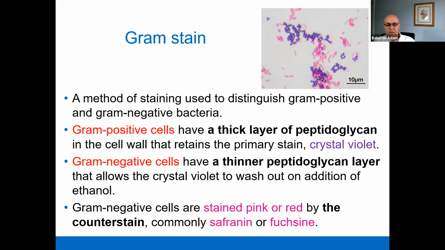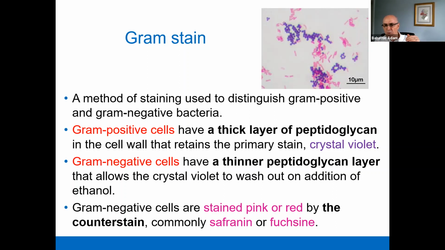This is about the structure of the cell wall of the bacteria. We know that gram-positive cells have a thick layer of peptidoglycan in the cell wall, and that retains the primary stain.